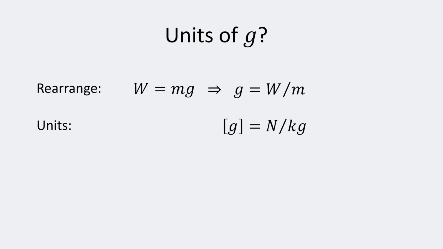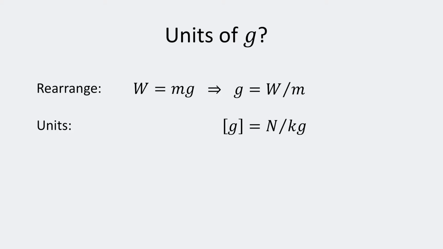We already know that the units of the gravitational field strength is the same as for acceleration, but it can be easily shown. If we just rearrange the equation weight equals mass times gravitational field strength, in favor of g, we get weight divided by mass. If we now look at the units, g is newtons divided by kilograms.